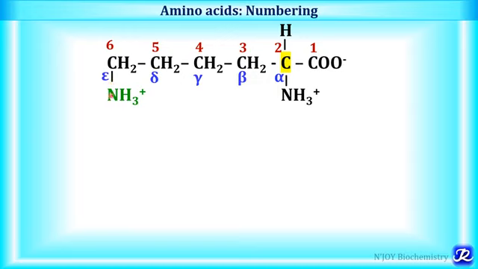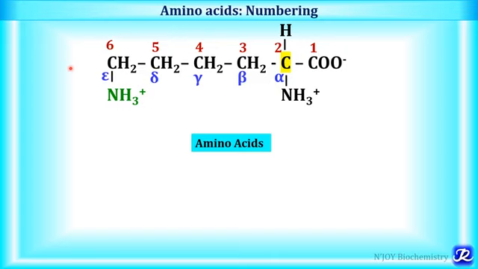To this epsilon carbon atom a second amino group is attached. The carbon numbering 1, 2, 3, 4 starts from the carbon of the carboxyl group. So the carboxyl group carbon is number 1, alpha carbon is carbon number 2, beta carbon is 3, gamma carbon is the 4th carbon, delta carbon is 5th and epsilon carbon is carbon number 6 in the amino acid lysine.